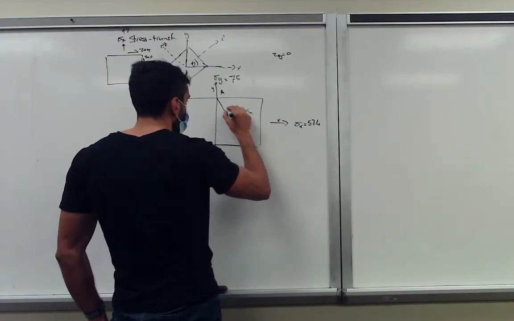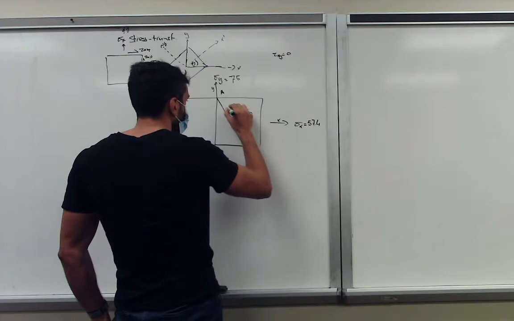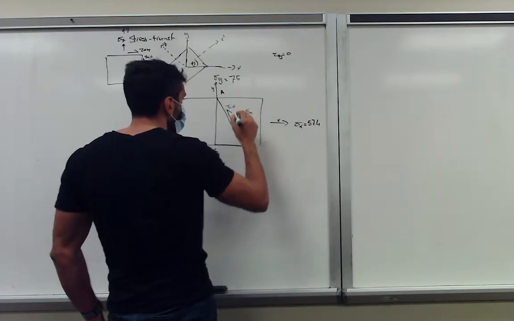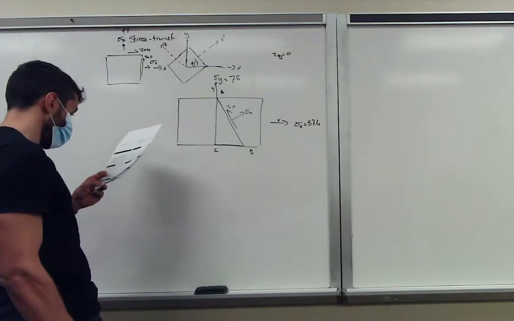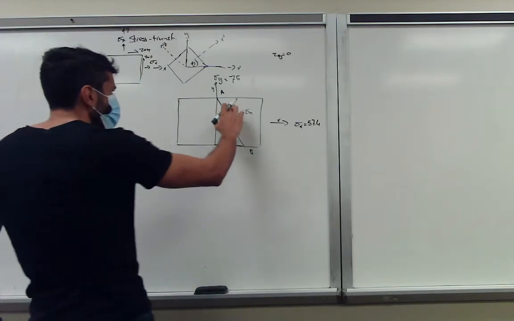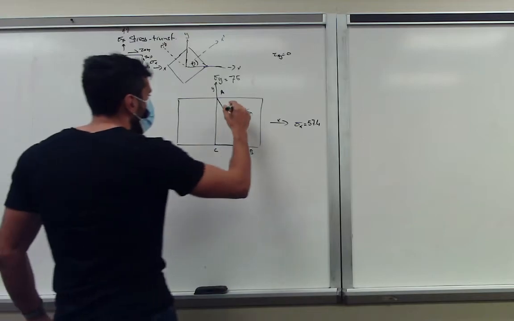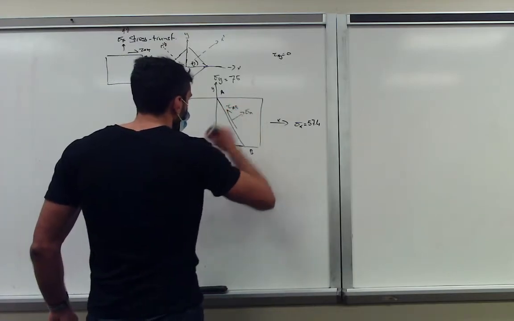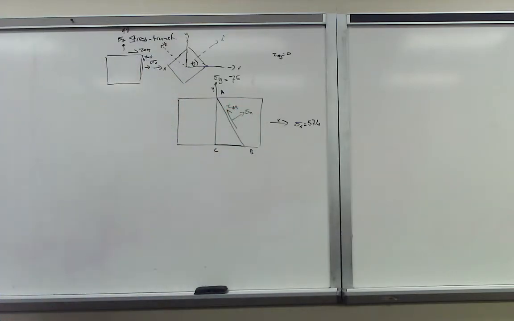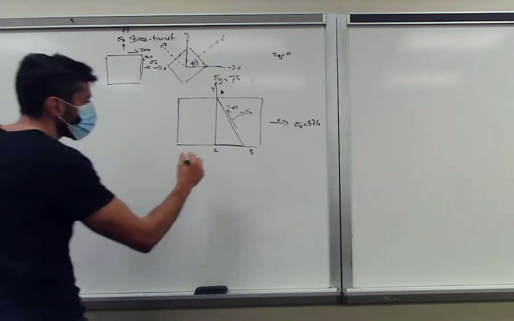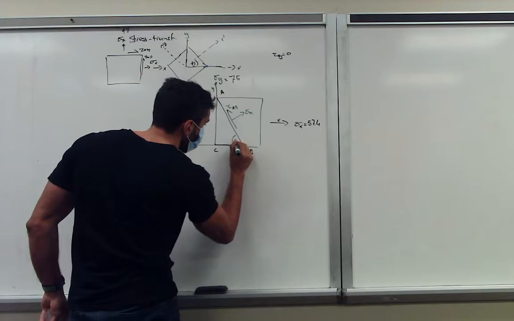And we will have a shear as well. Let's call that tau AB. And also this angle is given to be 60 degrees.